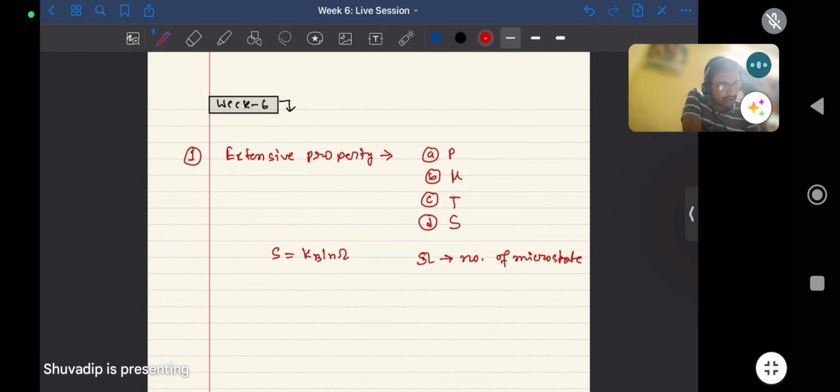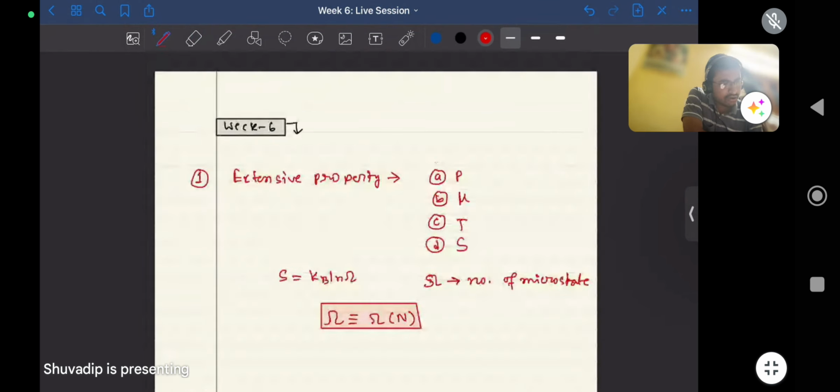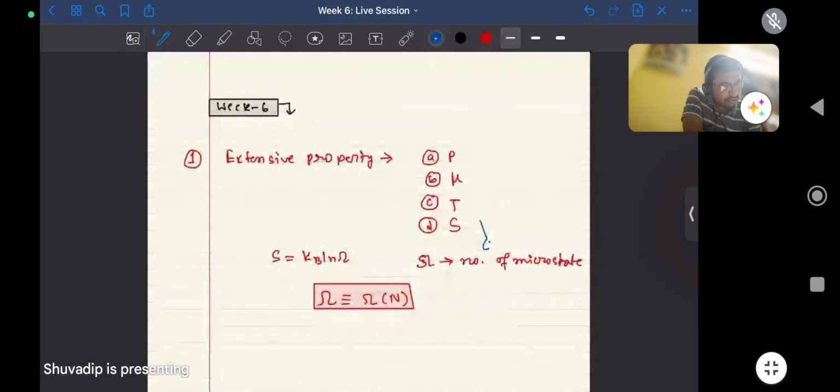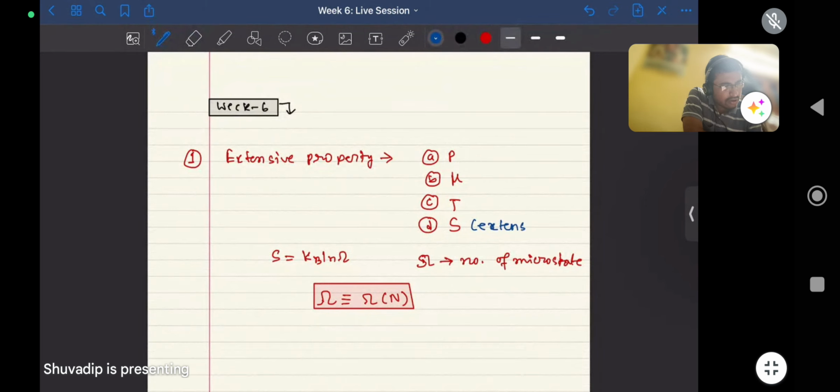Omega is a function of the number of particles. So entropy is an extensive property.